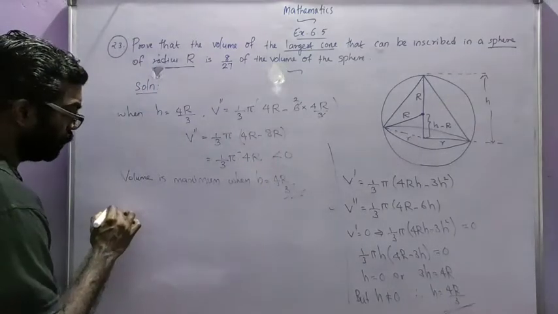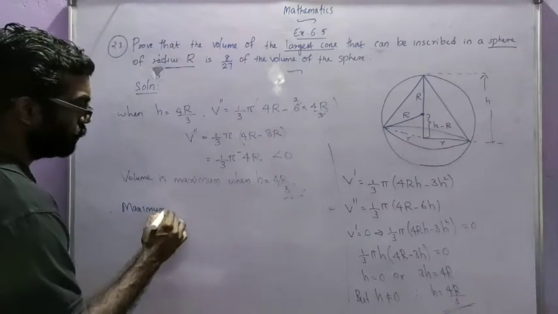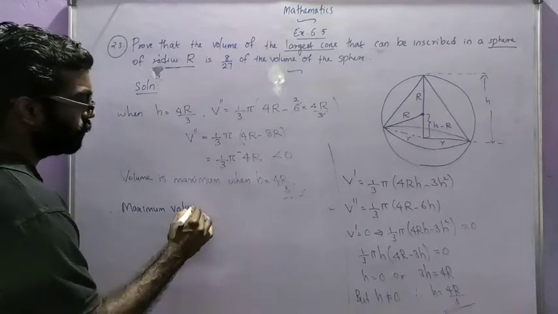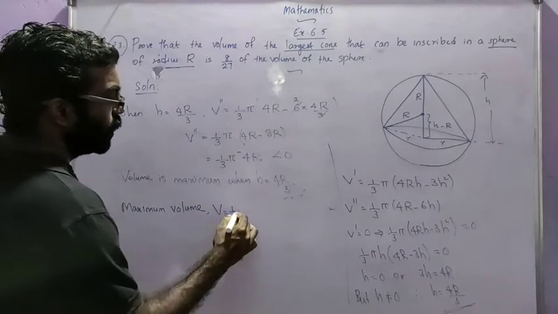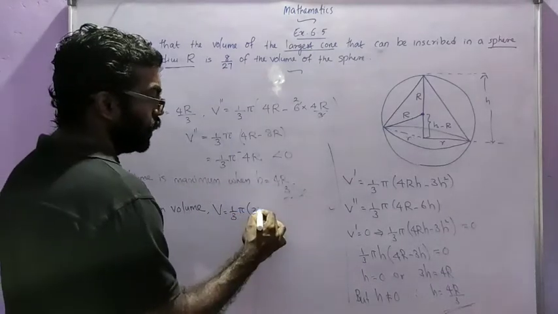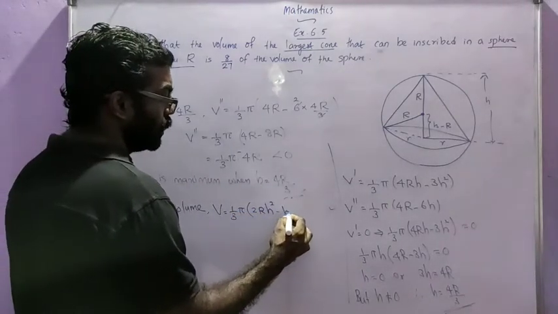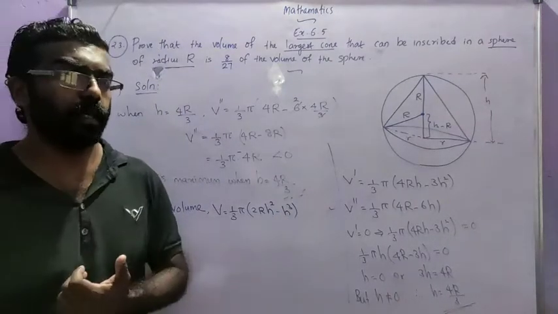Now we can find the maximum volume. That is V is equal to 1 by 3 pi into (2R h square minus h cube). That we have already written in the previous steps.